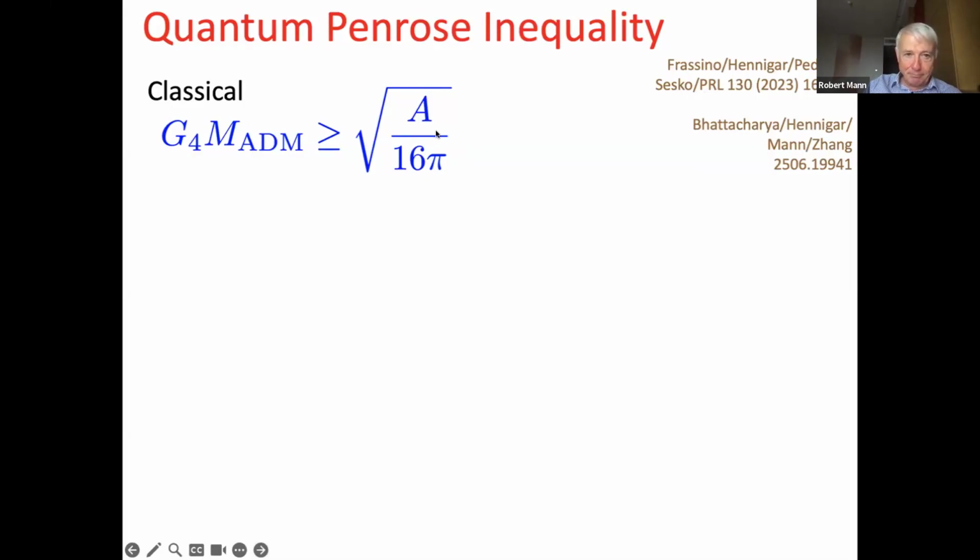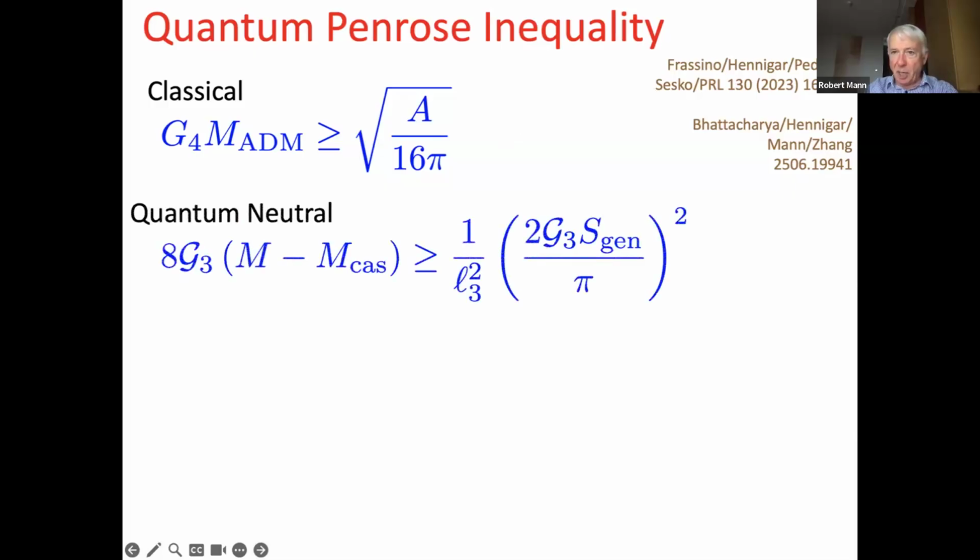And this is easily shown to be true for a Schwarzschild black hole, and it appears to be a general relation for black holes in Einstein gravity.